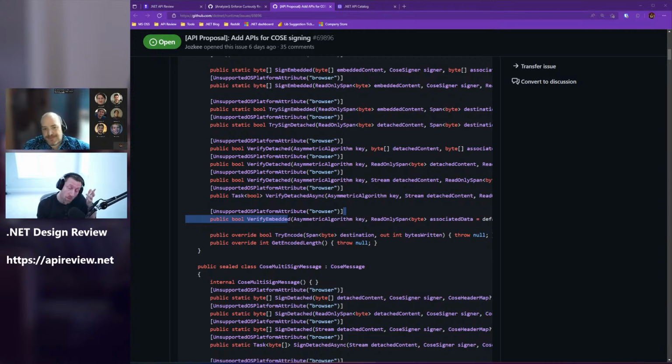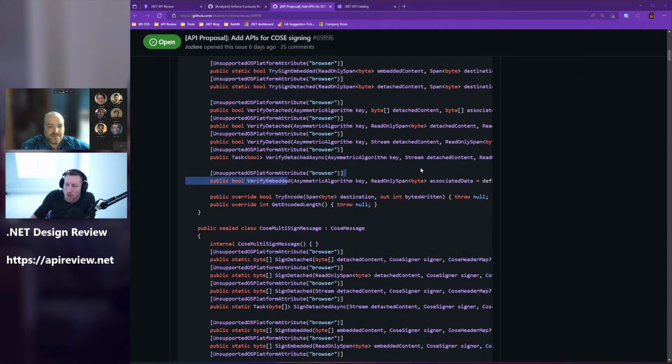Correct. If you've read one in, the only thing you can do to it before writing it back out is modify something in the unprotected headers object, and then you would just be calling encode so that it serializes that data back out. But you can't have modified any of the crypto properties. Gotcha. Okay, that makes sense then.